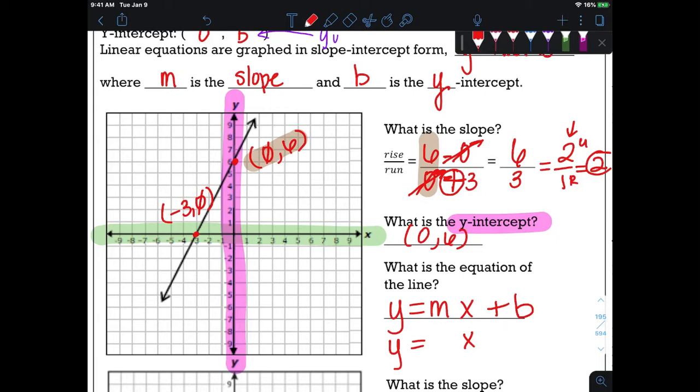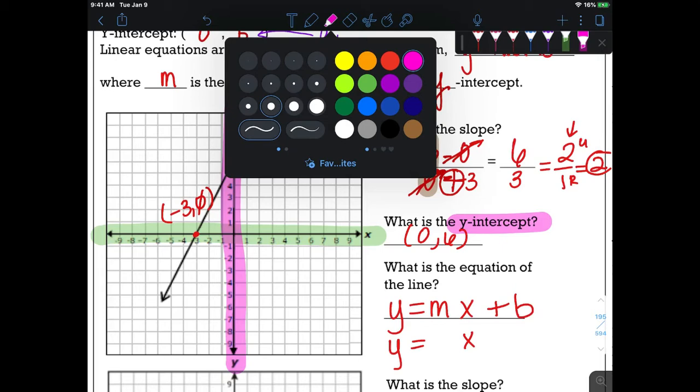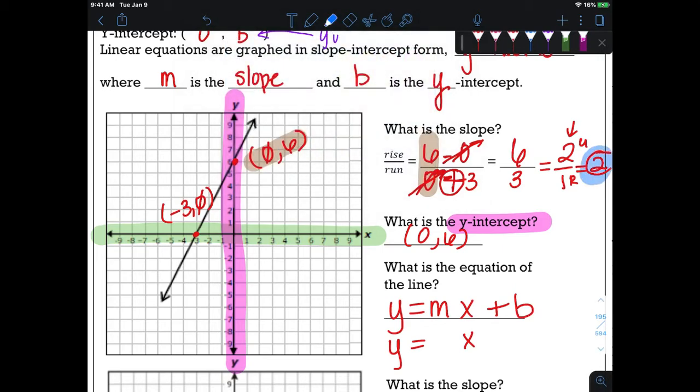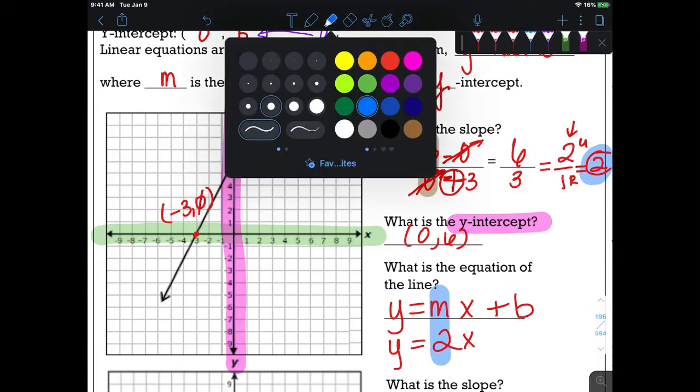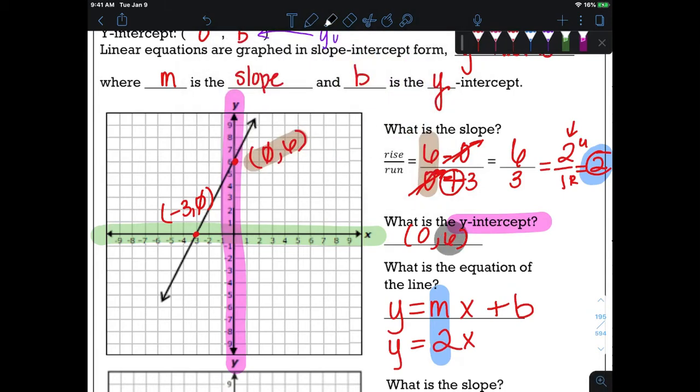First thing, I'm going to re-identify my slope, this guy. I'm going to plug it into there, 2. Now I'm going to do the same exact thing for my y-intercept, just the y value. Plug it into there, plus 6. And the equation for my line is y equals 2x plus 6.